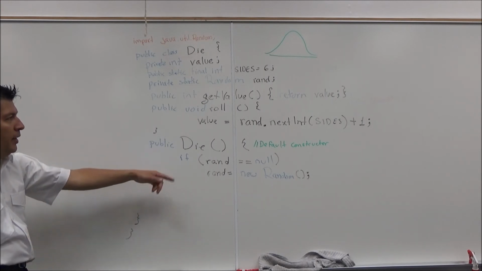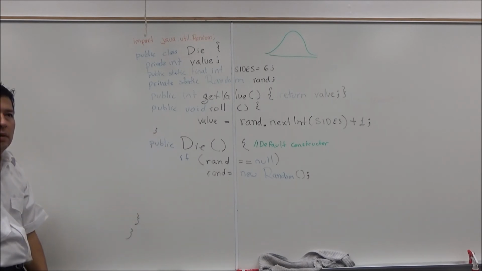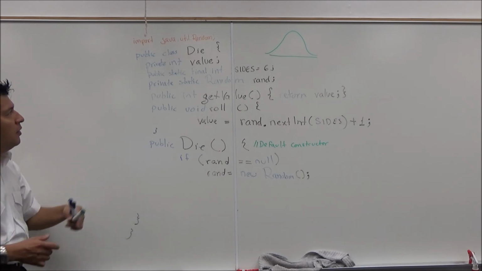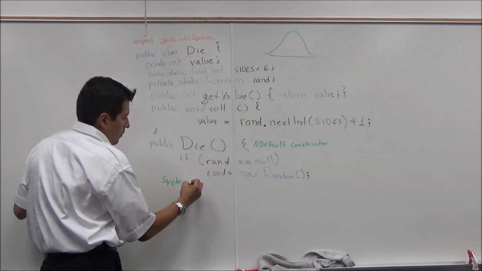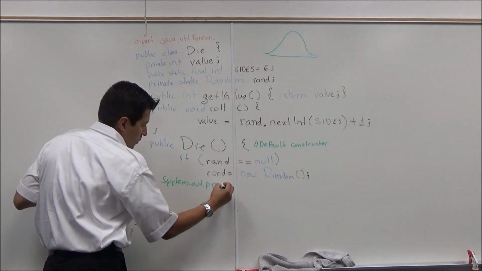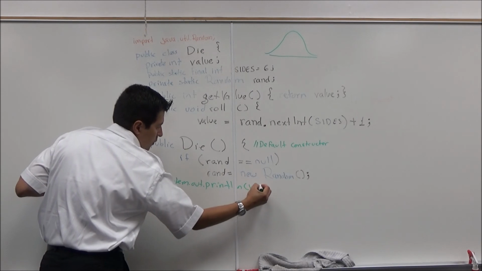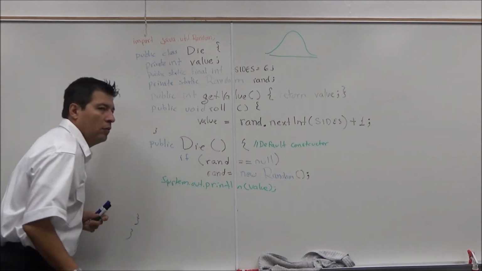If I do a System.out.println of value, what will it print? What will this green portion do?